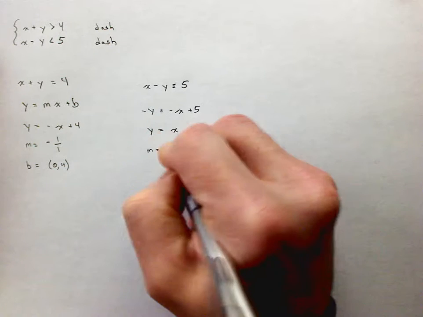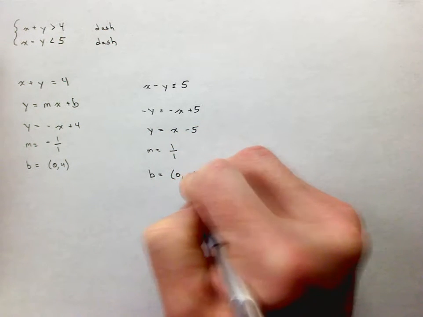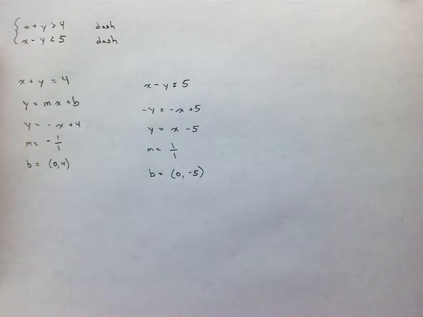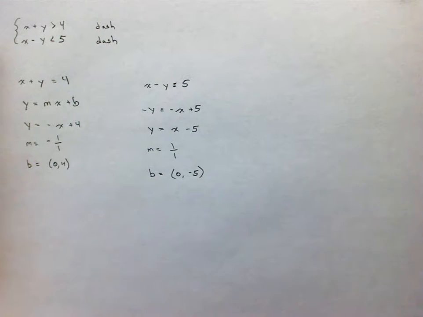Slope, y-intercept. So there's my information. Now I'm going to take this and graph my line, and I have to remember to make them dash lines.